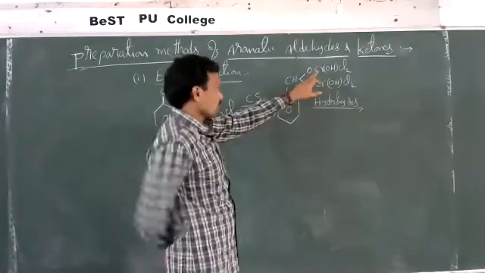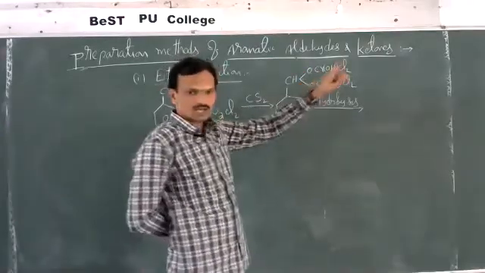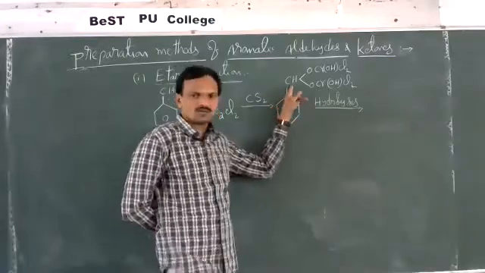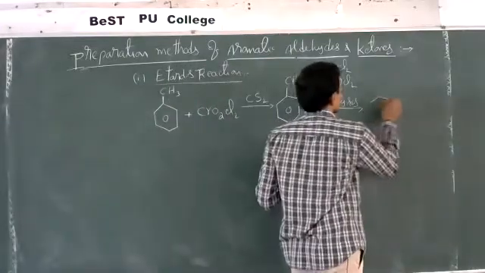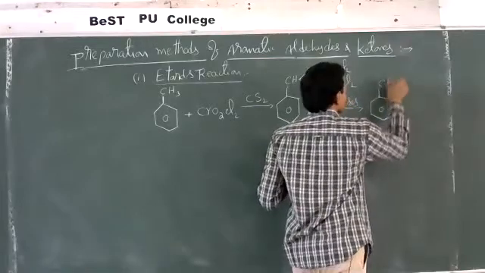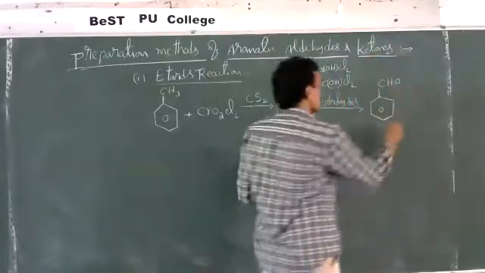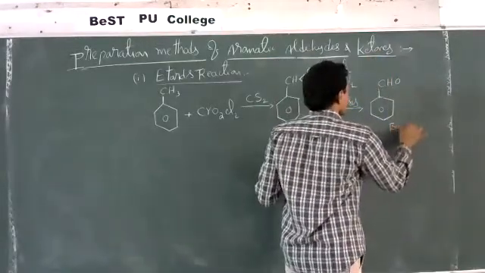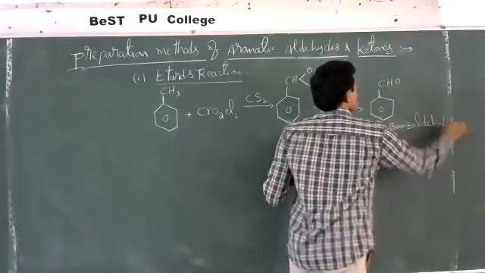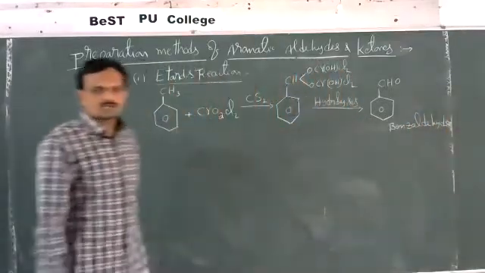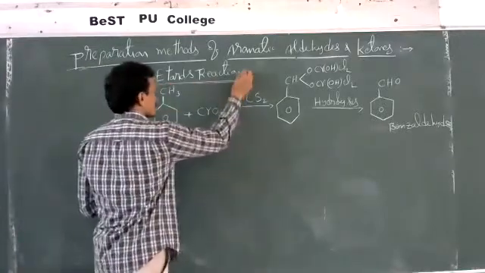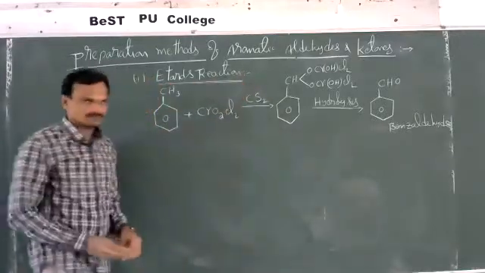Means what we get is CrOH taken twice Cl2 plus C6H5CHO. Benzaldehyde will be formed. So benzaldehyde is formed as the product, and this reaction is known as Etard's reaction.